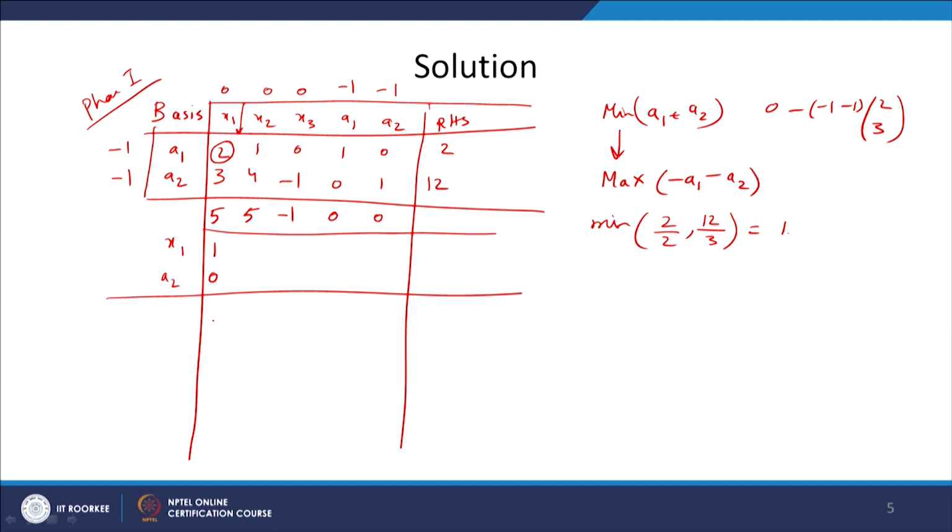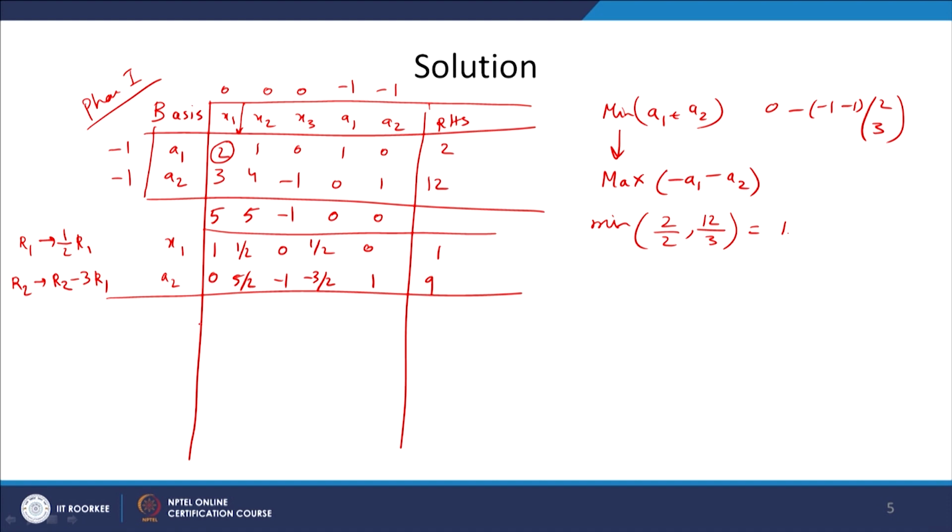and in this iteration we have 1 by 2. Of course, you need to apply the elementary row operations, that is R1 has to be replaced by 1 by 2 R1 and R2 has to be replaced by R2 minus 3 R1, and using this you get the new iteration as follows: 1 1 by 2 0 1 by 2 0 1, and the second row will become 0 5 by 2 minus 1 minus 3 by 2 1 and 9.